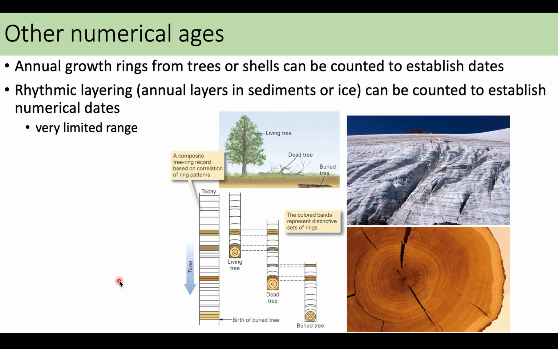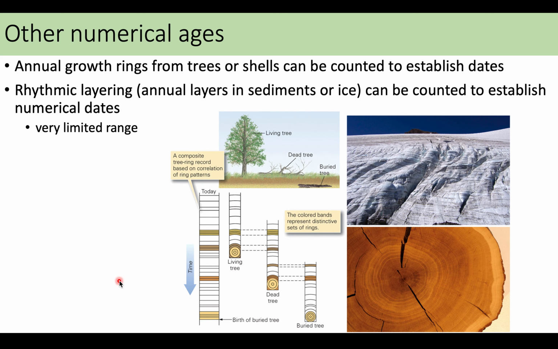So there are some other ways to calculate numerical age, which we won't get into too much in this class. Things such as annual growth rings from trees or shells. So tree rings, or similarly growing annual rings that grow on shells, as well as layering that happens yearly or seasonally in sediment or in ice.